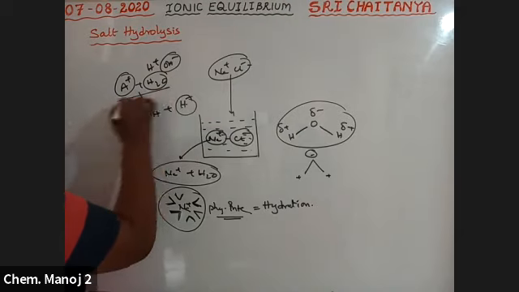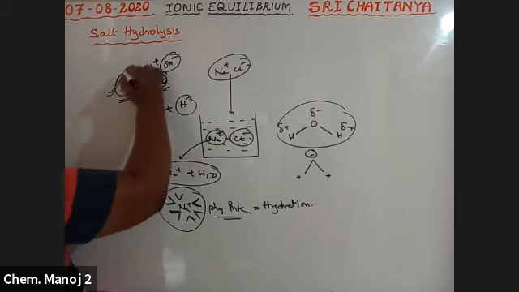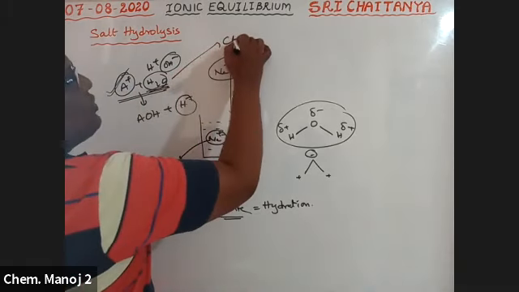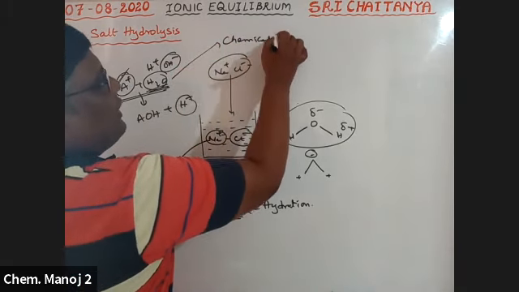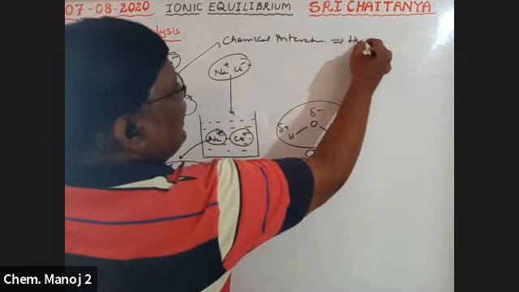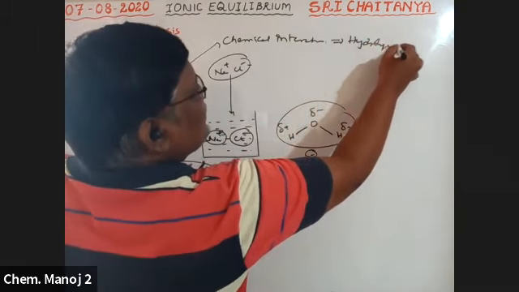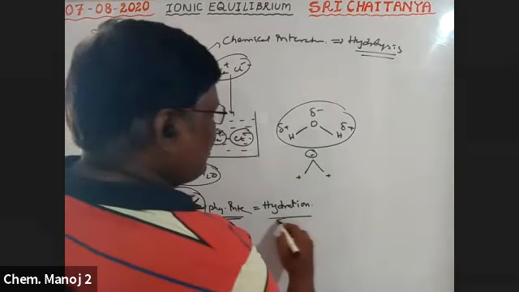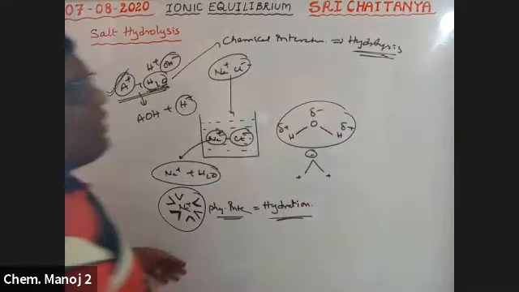That means a chemical reaction takes place between that ion and water. This is a chemical interaction, which is called hydrolysis. So there is a difference between hydration and hydrolysis.